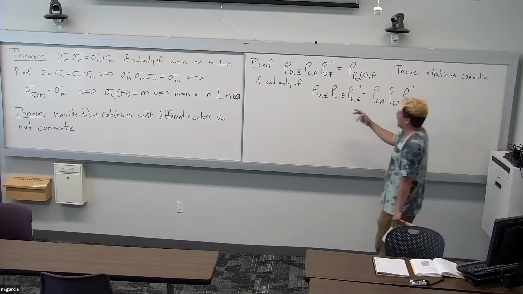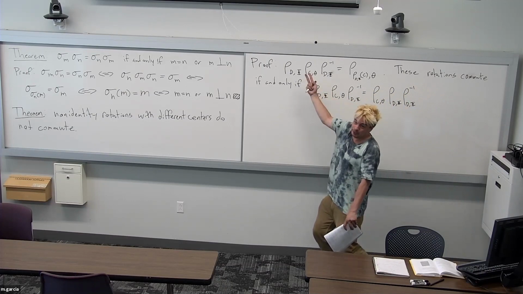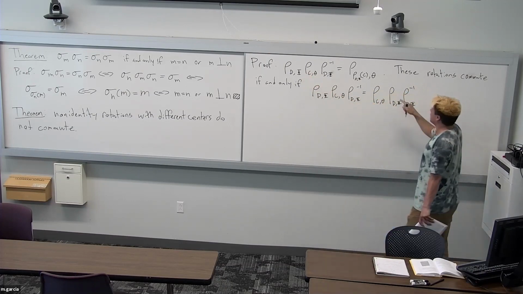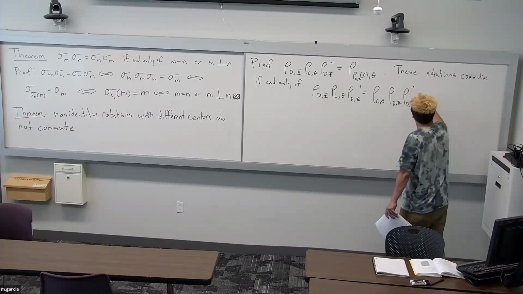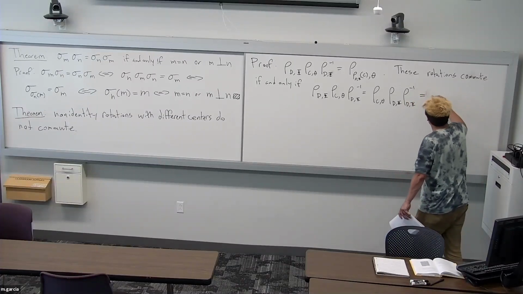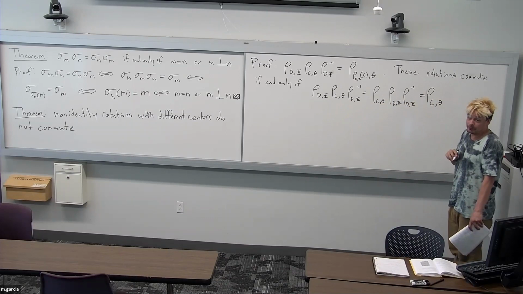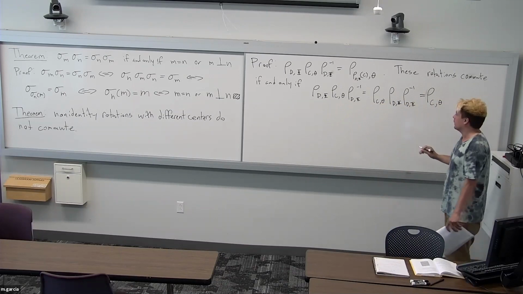So I'm taking the left-hand side of this and just saying if they commute, then I'm able to switch the order, right? So obviously, this means that this conjugation is just rho_{c,theta}, okay?